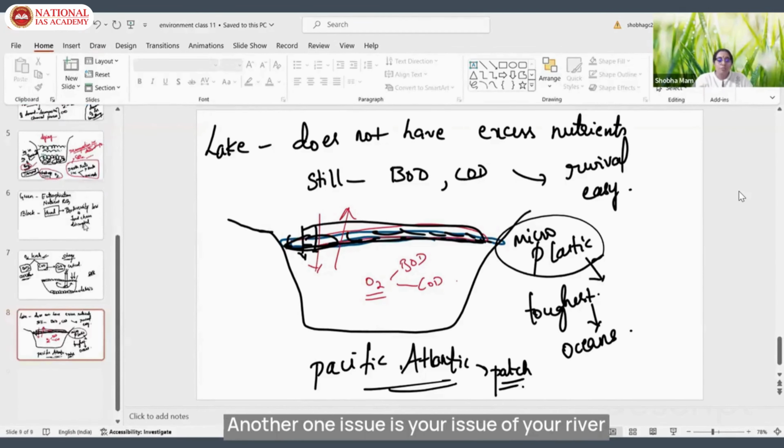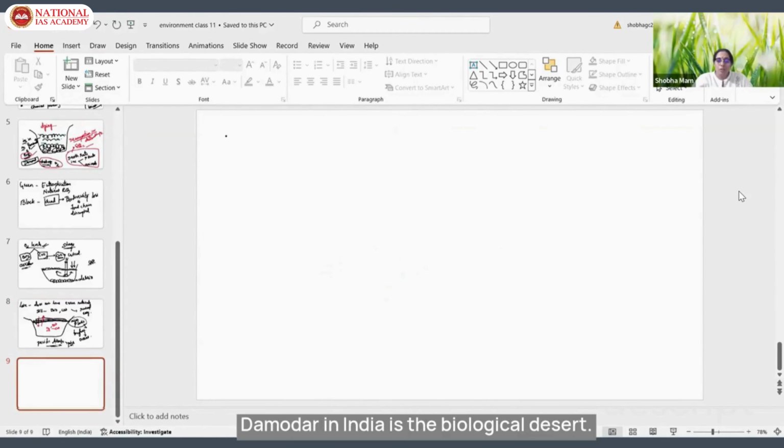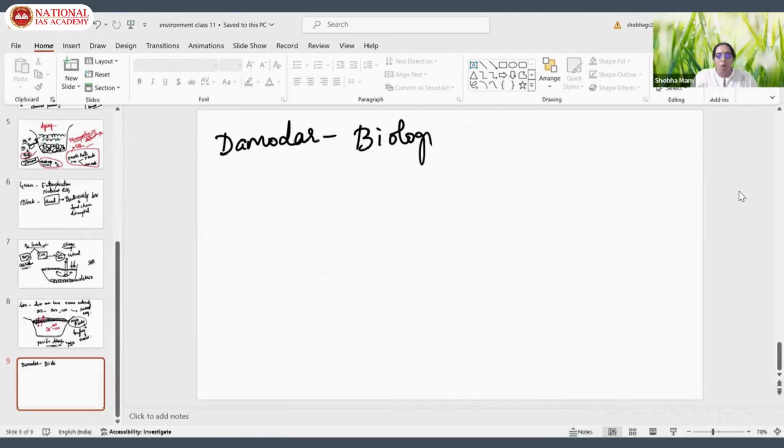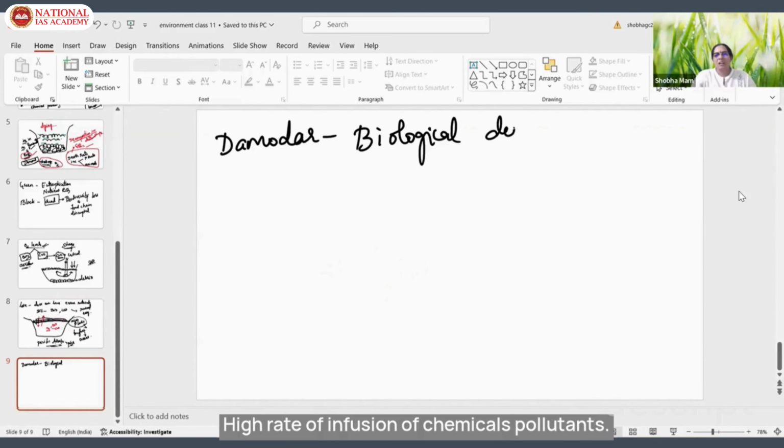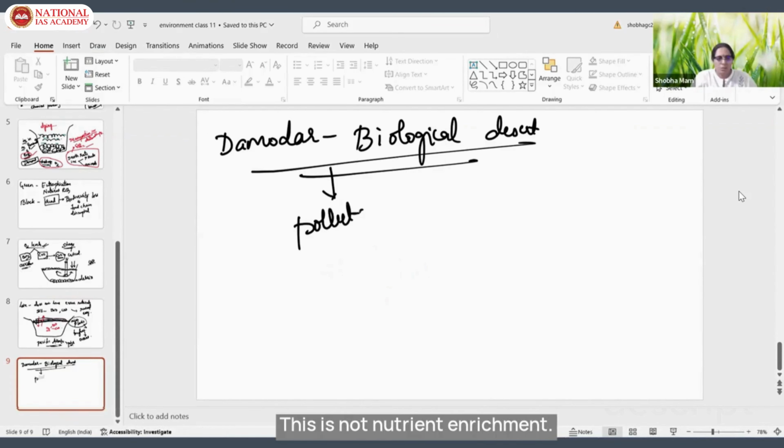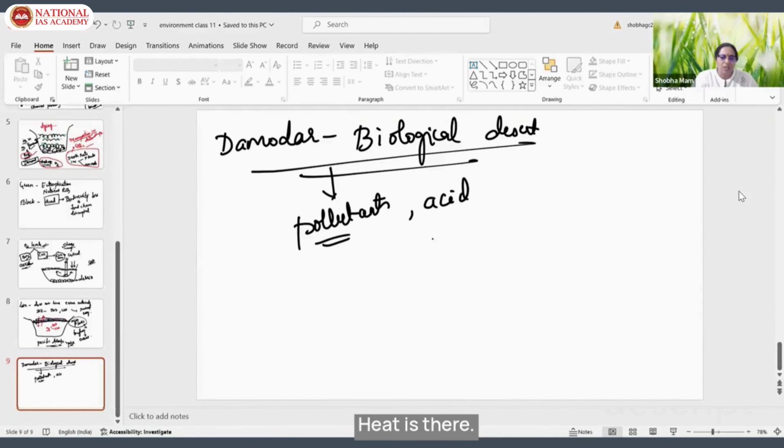Another issue is the river Damodar in India. It is a biological desert. There is a high rate of infusion of chemicals and pollutants. This is not nutrient enrichment; pollutants are infused into it. Animals couldn't survive the highly acidic condition and heat.